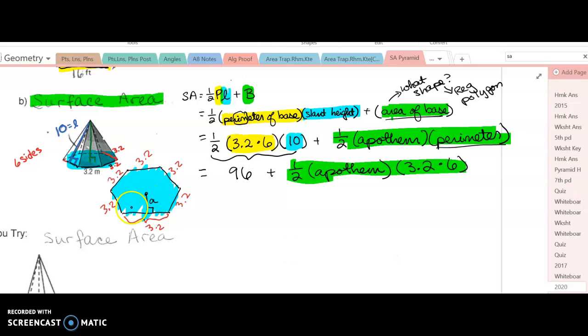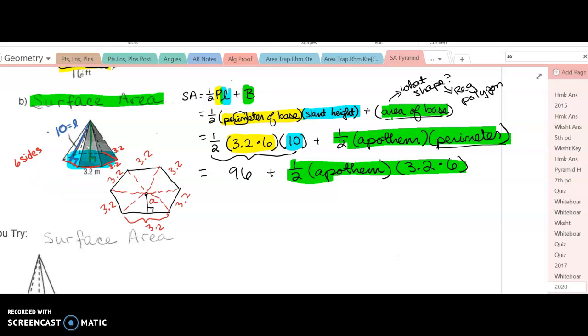So the key to this problem is if I can just figure out this angle here, then I have enough information to figure out how much A is. And so our strategy for that is we split this triangle up into 6 big triangles. How did you know it was 6 triangles, Miss Benton? Well, there's 6 sides, and the number of interior big triangles is always the same as the number of sides.